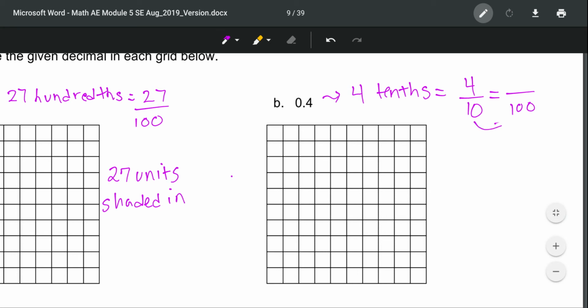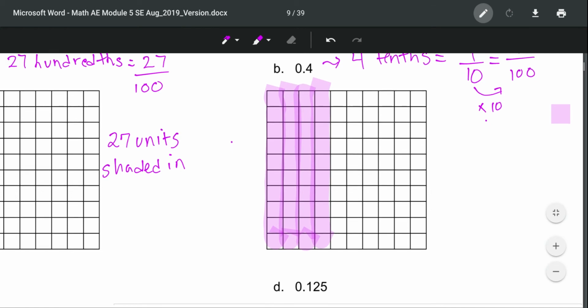So since 10 times 10 is 100, we multiply 4 times 10 and we get 40 hundredths, or 40 out of 100. So that means you want to shade in 40 out of the 100 units. Or also you can think, if I want to shade in 4 tenths, I want to shade in 4 rows of 10. So go ahead and try that. So notice how I shaded in 4 rows of 10 or 40 units in my drawing.